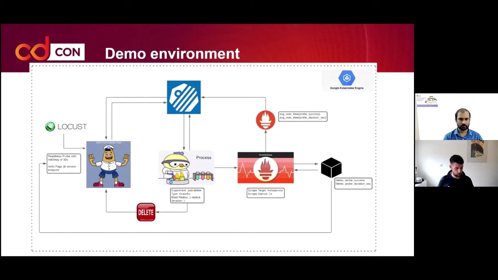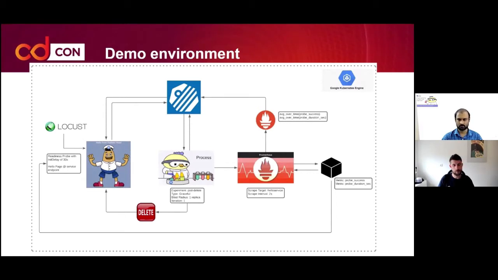So we have the potato head application, which is basically a microservice application from CNCF. And we are basically trying to load it with Locust. There is a tool that's trying to continuously push some load here. And we've got the Litmus service running in the Keptn control plane, which is capable of injecting chaos against the potato head application.